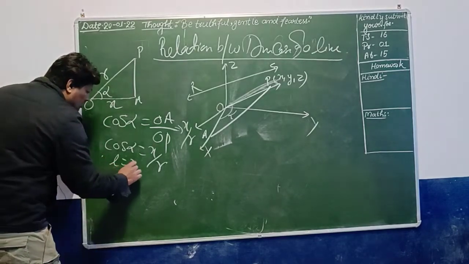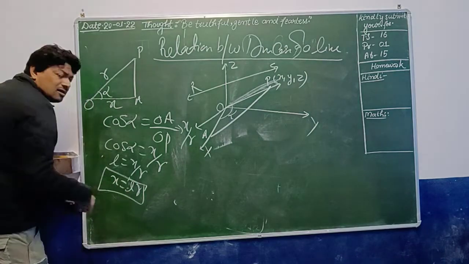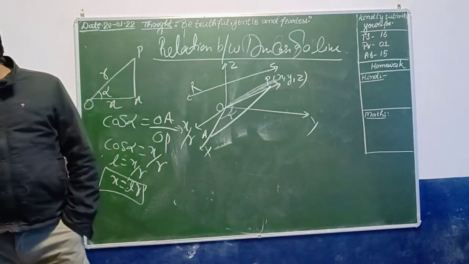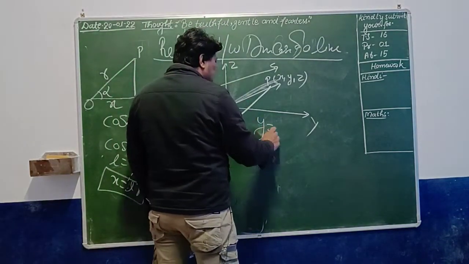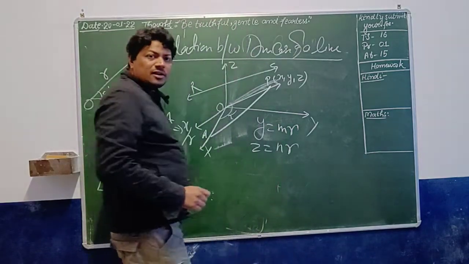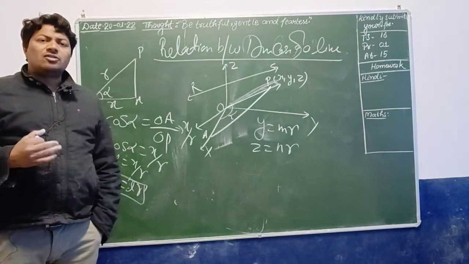So L equals X upon R, X equals LR. Is that clear? In the same manner you will get Y equal to MR and Z equal to NR, following the same pattern with cos beta and cos gamma.